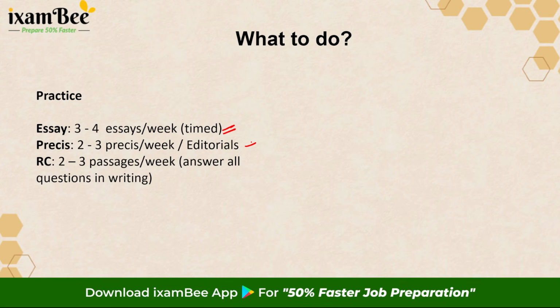For this you can read editorials every day from a financial newspaper and try to condense that into 140 to 150 words. It is good to pick up editorials and no other random news, because editorials are usually balanced, giving you both sides of views. That will help you also get certain points which will help in your essay writing later on.